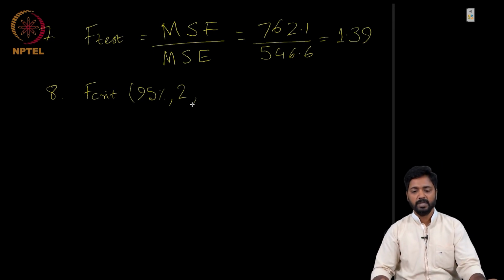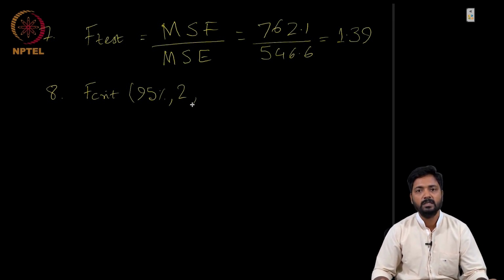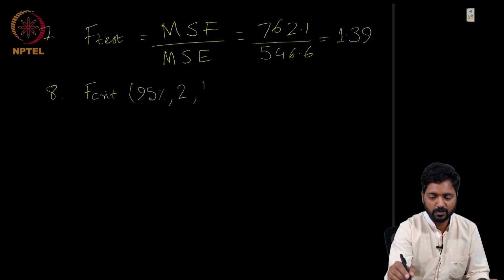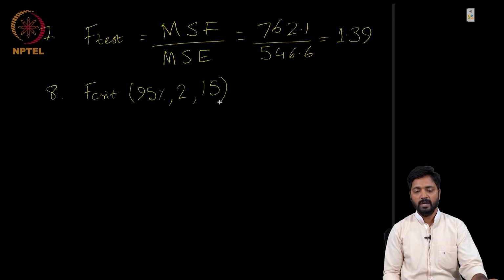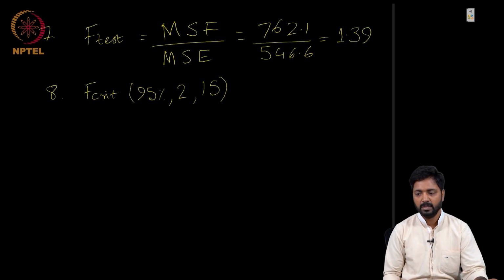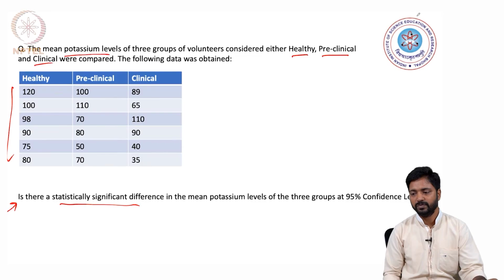Similarly, for the denominator MSE the degrees of freedom is 15. So, let us go back to the F tables that we discussed a little while ago and see what the F critical value under these conditions will be. So, nu 1 of 2 and nu 2 of 15.